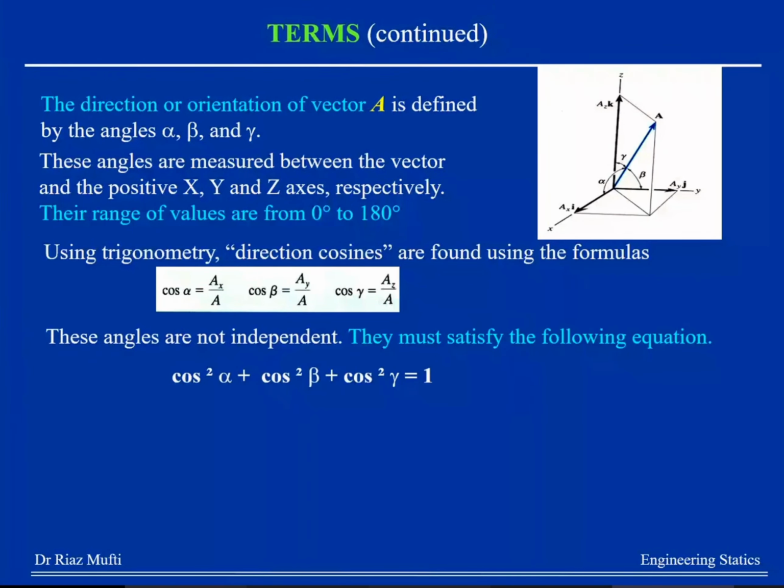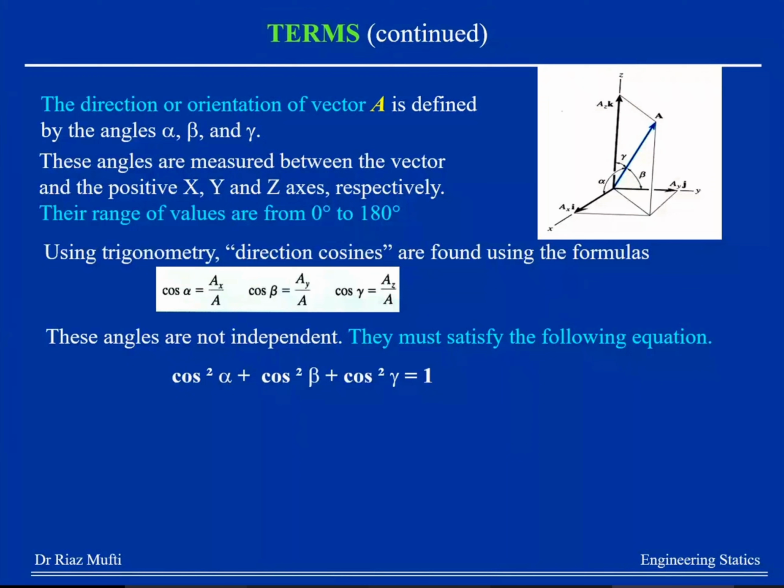These angles are not independent. It means that they are affected by other angles. They are dependent, so they are affected by others. So alpha is affected by gamma and beta.